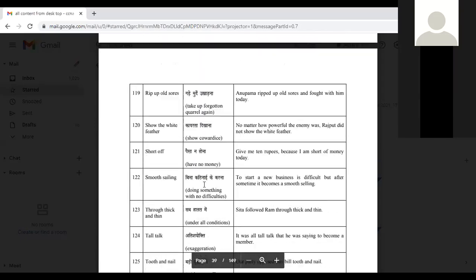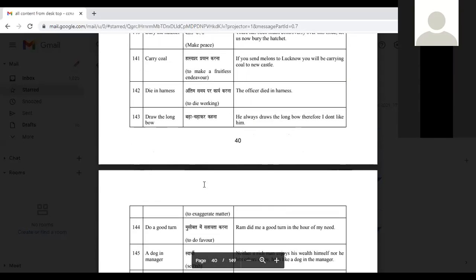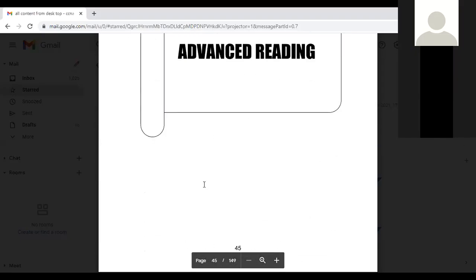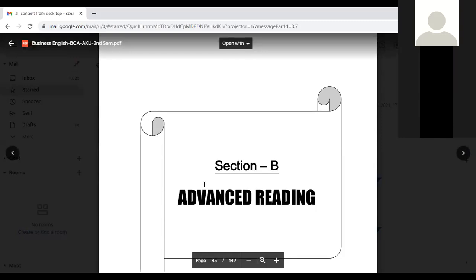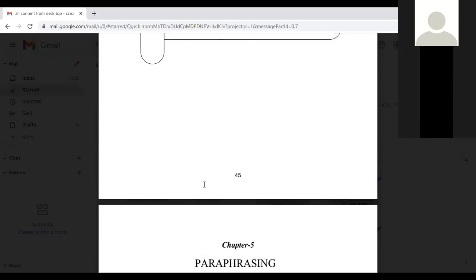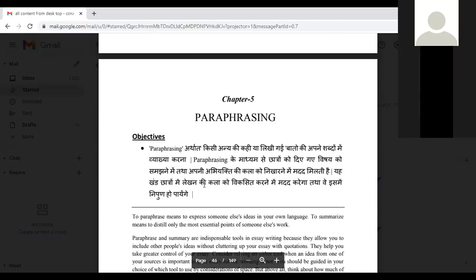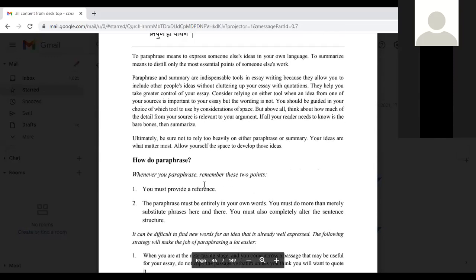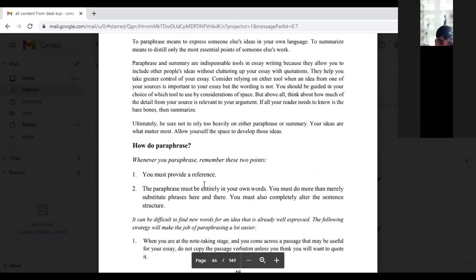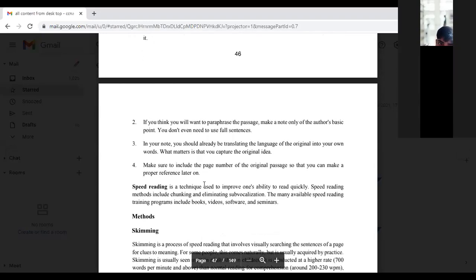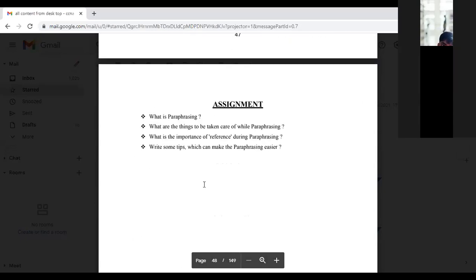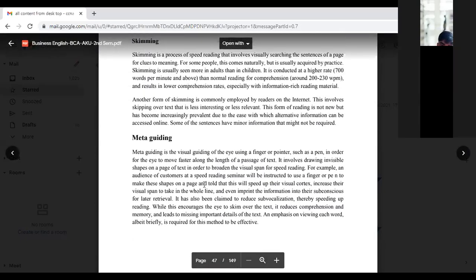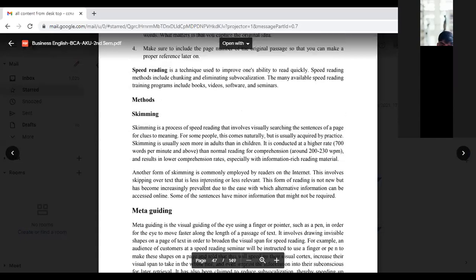I've already shared the content with you. In advanced B section, paraphrasing, we already did this: what is paraphrasing and what are the rules of paraphrasing, how will you paraphrase. This is all done. And let us take a look at what is in your book, like meta guiding.